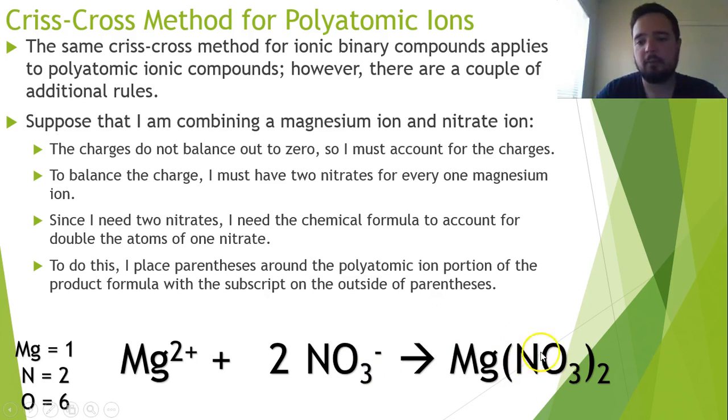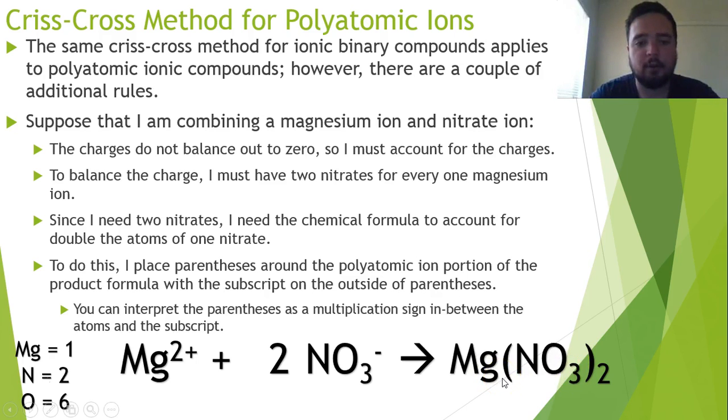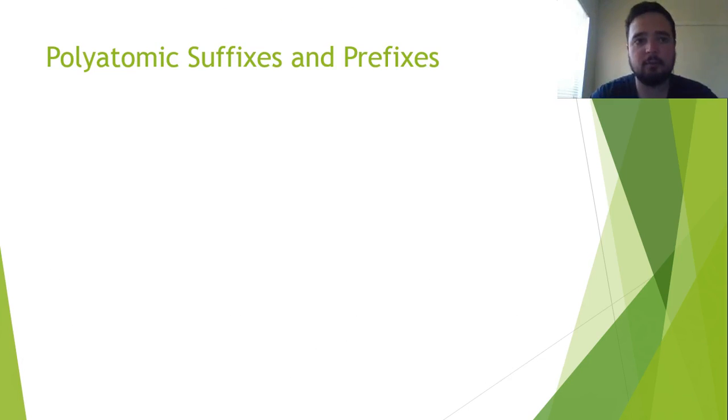So that's why you put the parentheses, because now it's saying it's 2 times whatever is in this. So you still get the 2 nitrogen atoms, and 2 times 3 you still get the 6 oxygen atoms, and you still have the 1 magnesium. So again, you can interpret the parentheses as a multiplication sign between the subscripts. So now I have, again, 1 magnesium atom, 2 nitrogen atoms, and 6 oxygen atoms.